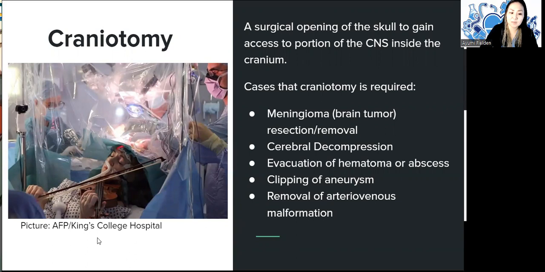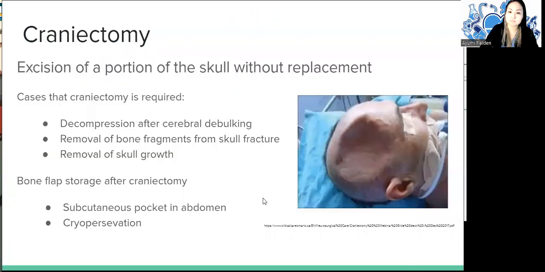For example, in this picture right here, the neurosurgeon is performing tumor resection while allowing the patient to wake up and play the violin. So they can make sure she doesn't lose the fine motor function and all that stuff. She's probably a professional, so we want to make sure she can continue her job after her surgery.